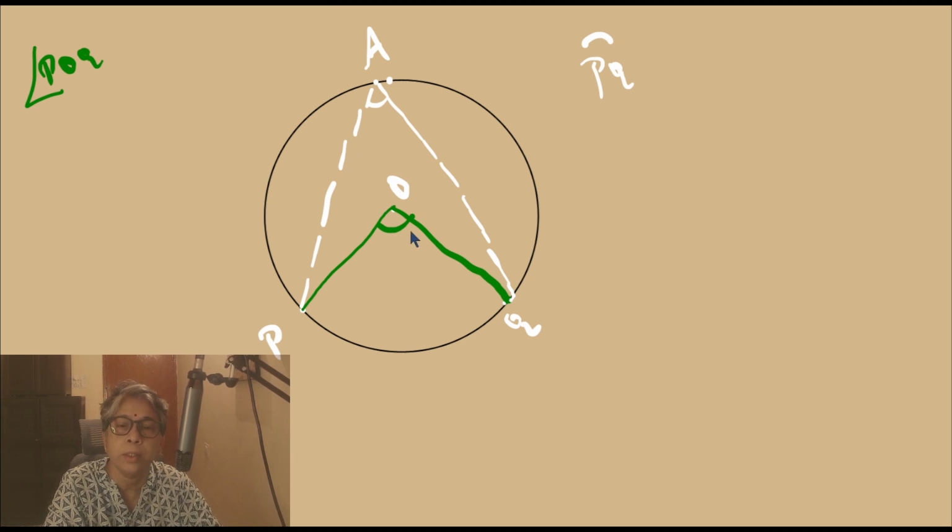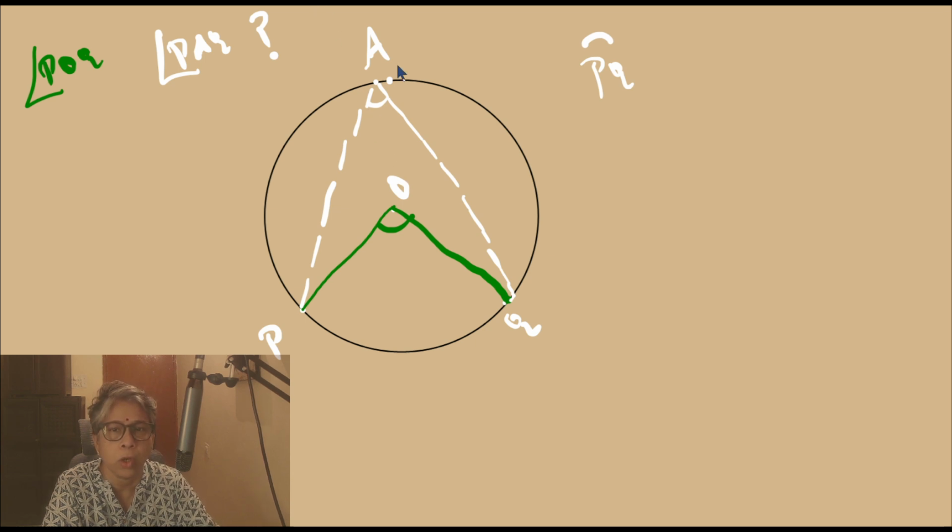So now in this video, let us compare the angles POQ and PAQ and find if there is any relationship between these two angles. Why are we finding? Because they are after all subtended by the same arc. So we should look for any relationships. Let us just explore. For this purpose, let me just join OA, the two vertices of these angles.